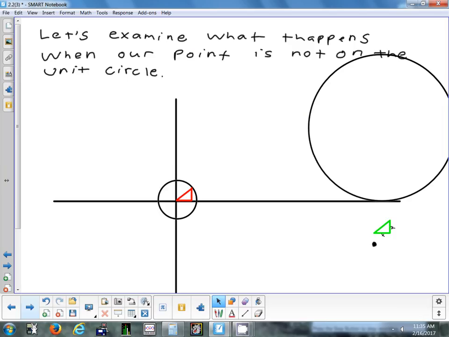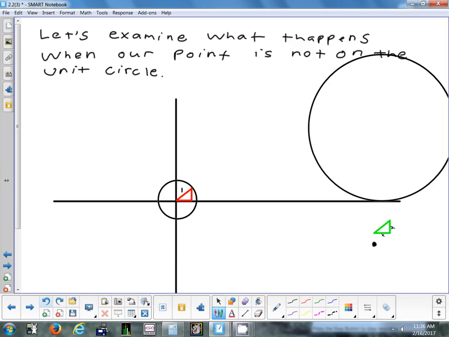This circle right here, that's my unit circle. And I've put a triangle inside it, and that's roughly a 45-degree angle, but that doesn't really matter. So this is a length of 1. And these are the kind of diagrams you've been drawing all week. Any question on that diagram?